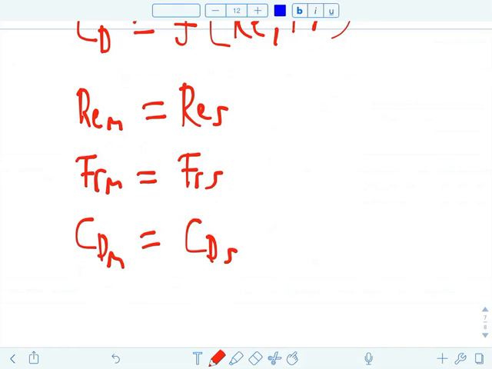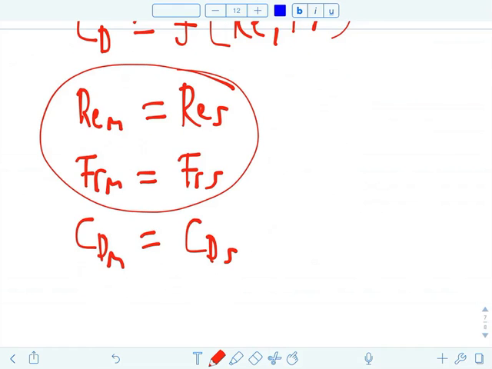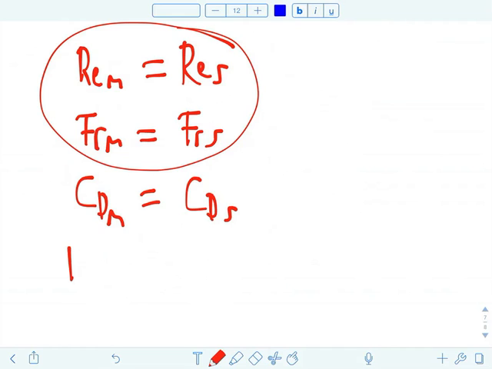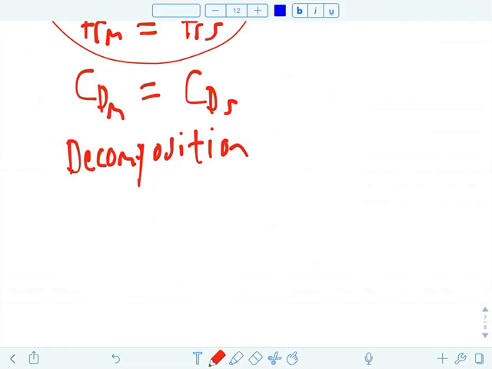However, we determined this is not possible. We cannot maintain full dynamic similarity and have the Froude numbers match and the Reynolds numbers match. We can't do it without making up some new imaginary fluid. So what is done typically is a decomposition. We assume that we can take our total drag coefficient, C_T, and divide it into two pieces.